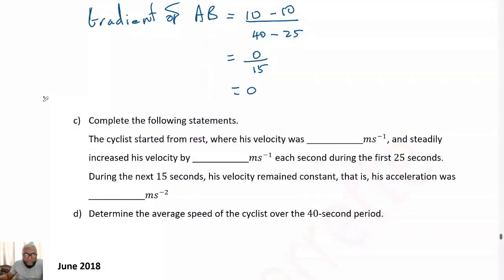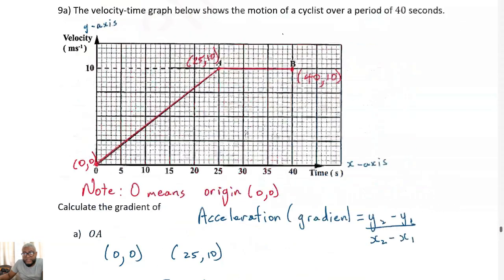So they said complete the following statement, right? The cyclist started from rest where his velocity was... What is the speed at rest, meaning where the cyclist started? How fast are you going when you're at rest?